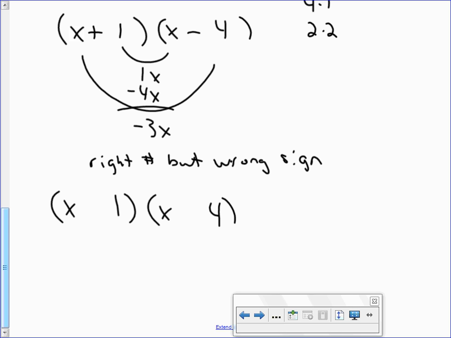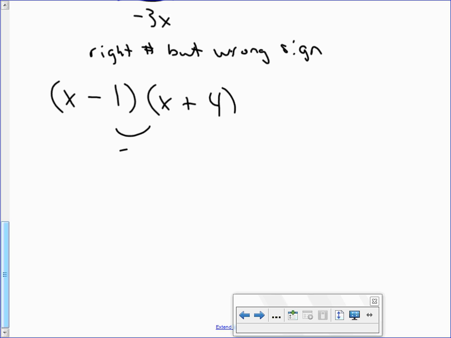Don't change the numbers, change the signs. Sometimes changing the number works, but changing the sign always works. So instead of +1, make it minus, and instead of -4, make it plus. And this will be the right answer. -1x plus 4x gives you 3x.